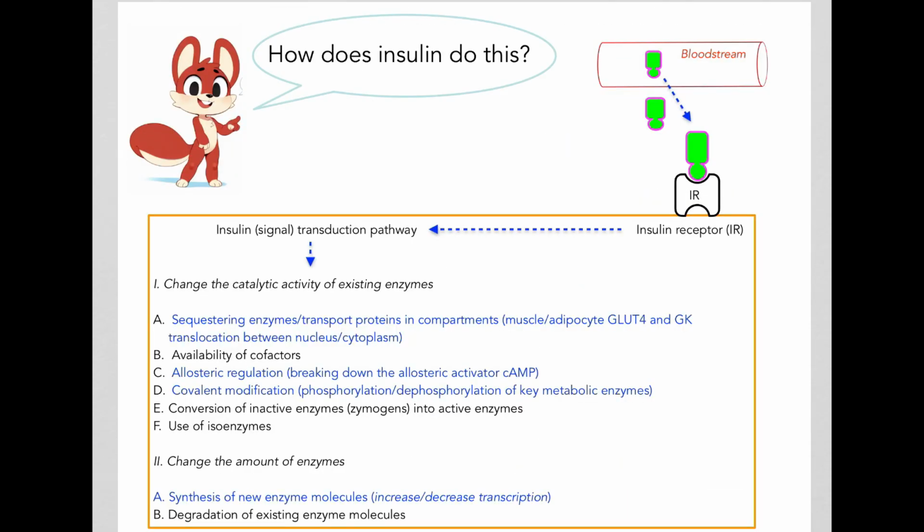As discussed in the previous video, we'll see how insulin uses a variety of strategies to affect metabolism of lipids as well as proteins. And this included strategies such as sequestering enzymes, allosteric regulation, covalent modification, and affecting transcription and thereby changing the concentration of key metabolic enzymes as well as transport proteins.